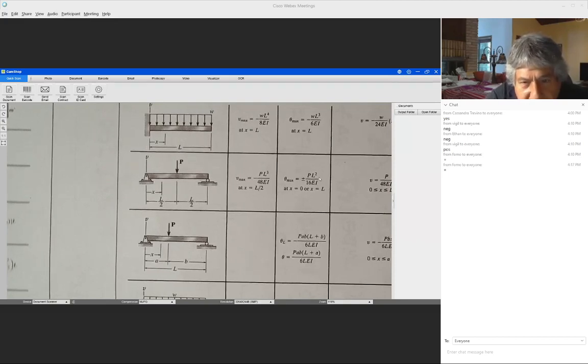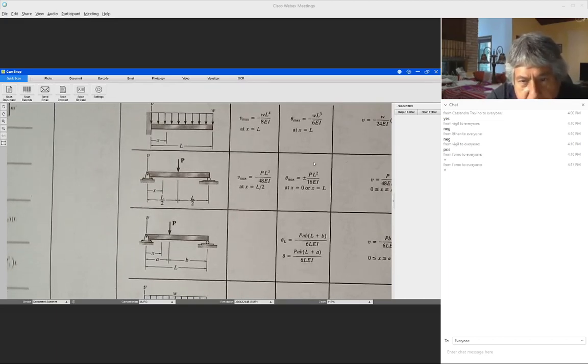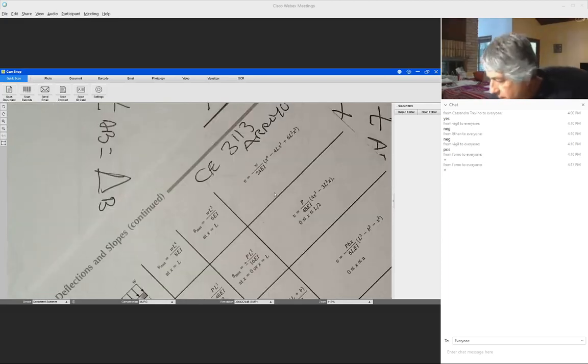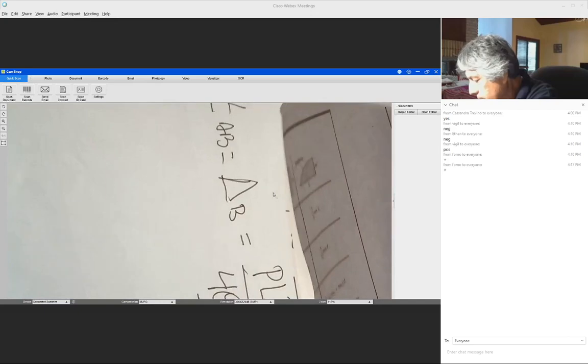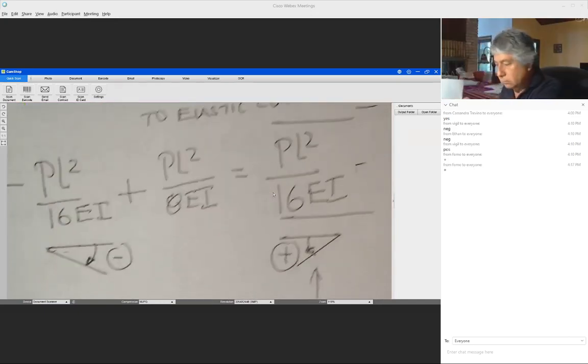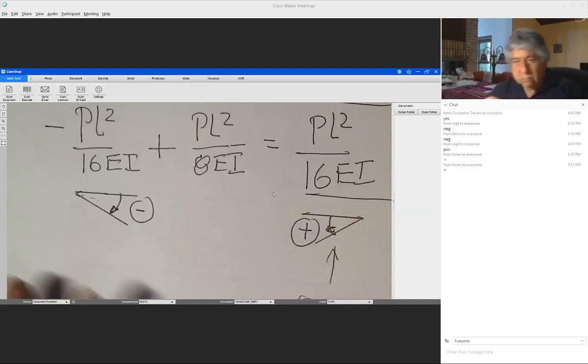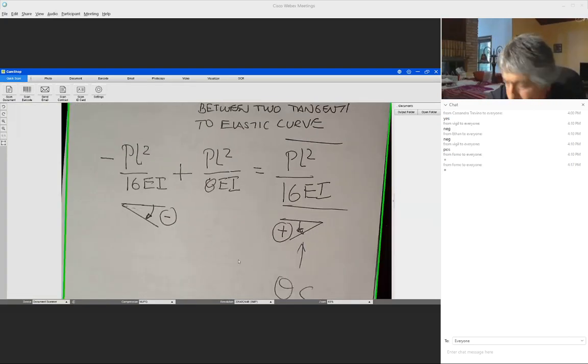The theta at x equal to 0, or x equal to L, is PL squared over 16EI. This is exactly what I found before.